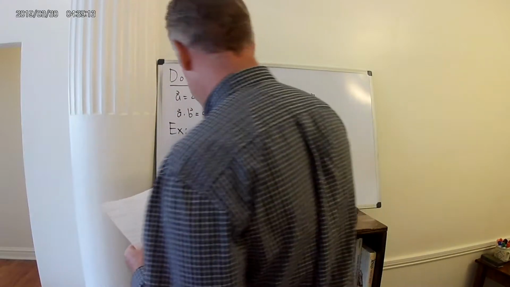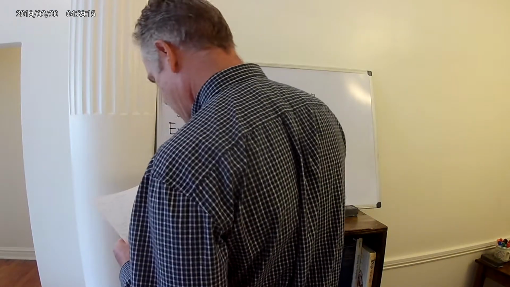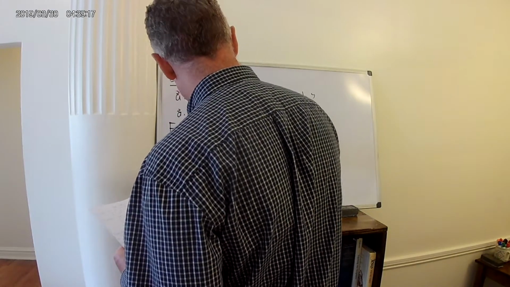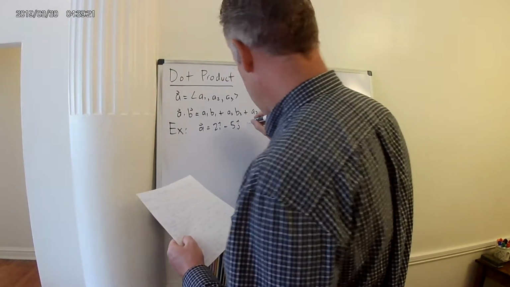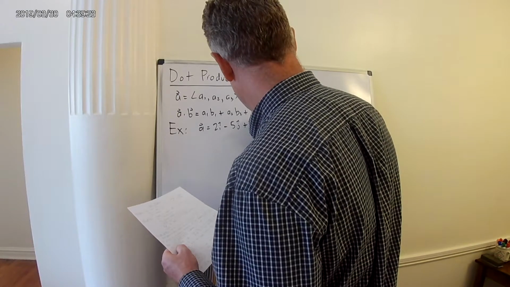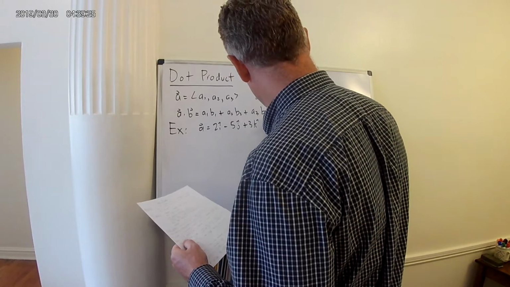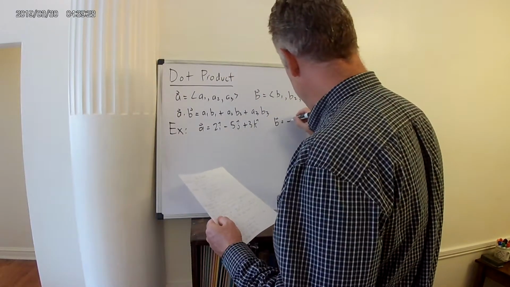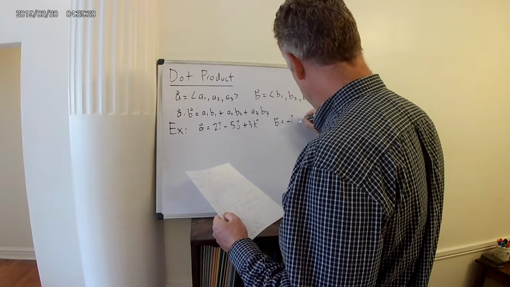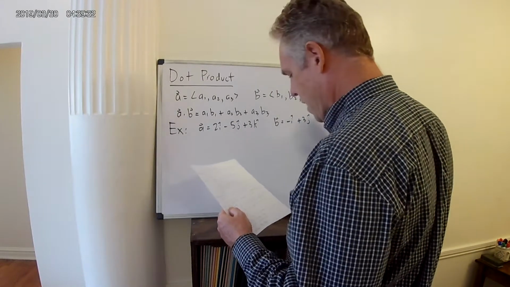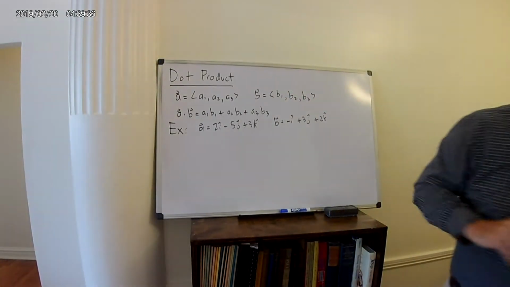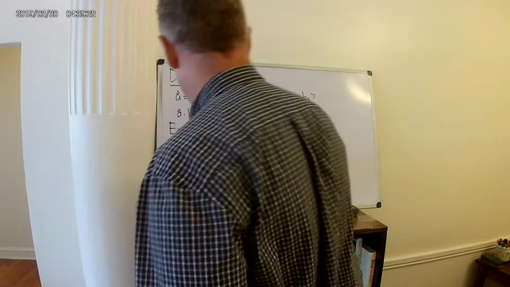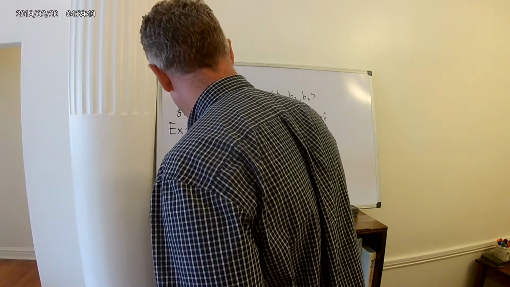So let's say we have two vectors, A equals 2i hat minus 5j hat plus 3k hat, and B equals minus i hat plus 3j hat plus 2k hat. So here are our two vectors. Let's calculate the dot product of these two vectors.